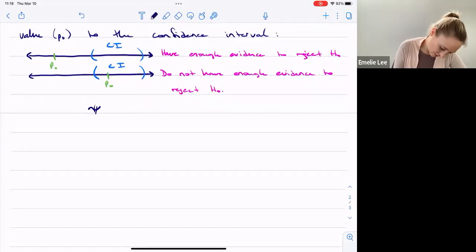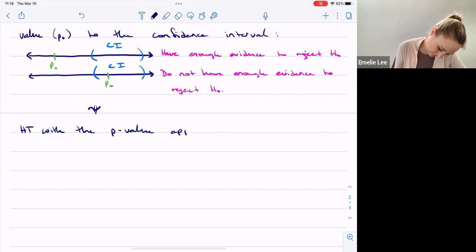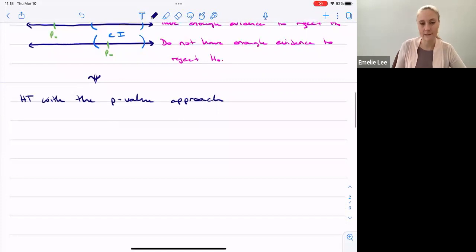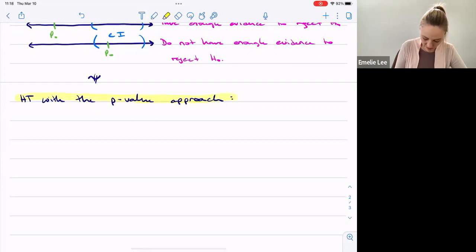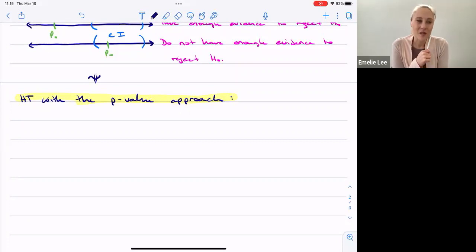Okay. So hypothesis testing with the p-value approach. Let's go through step by step and see where the differences are.